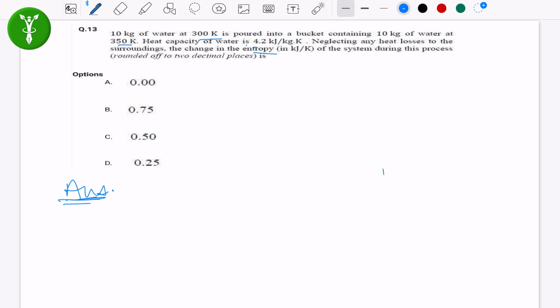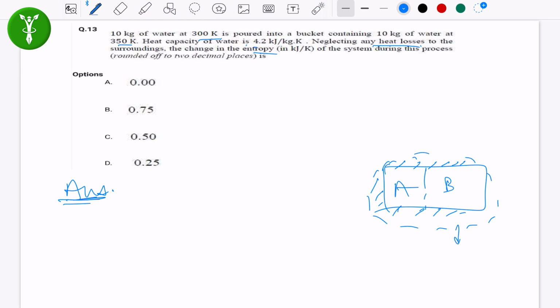Let's say we have A and B, and this is insulated, because we are neglecting any heat losses to the surrounding. So our system is this, and surrounding is outside.